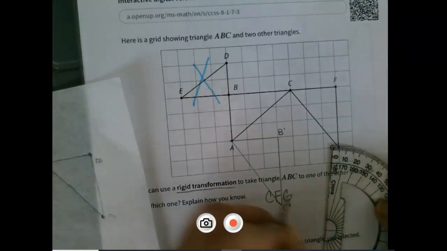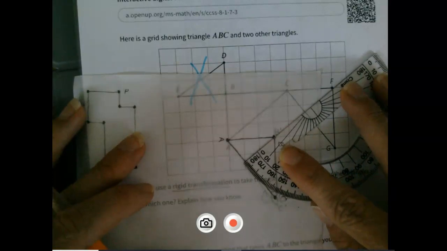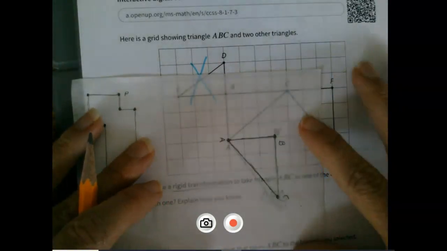Okay? But it's not there yet, is it? So I'm going to do one more move. And remember what a translation is? I can translate in a straight line. I can see going from B to F would be a straight line. So that's all I'm going to do. I'm going to just translate my B to my F over here, and they all line up real nice, okay?